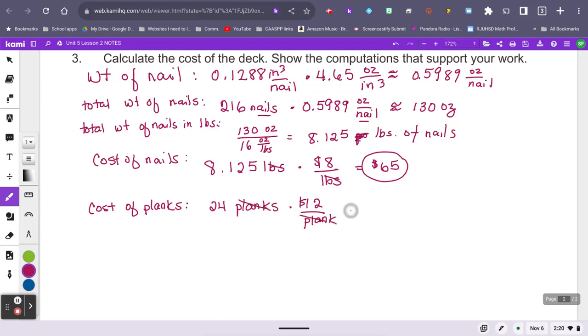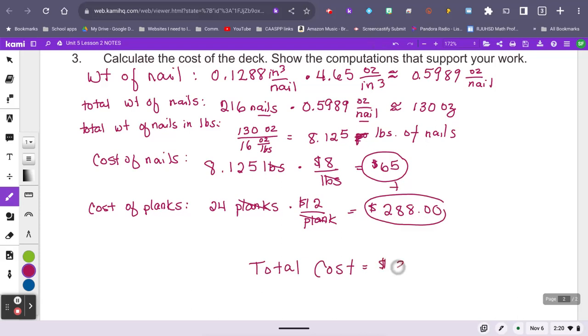We can multiply that, and it's going to cost us $288. And if we add those two numbers, our total cost is going to be $353.